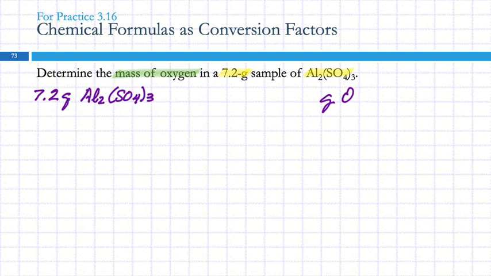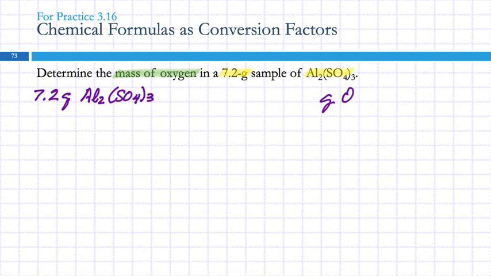The chemical formula gives me the relationship between moles of oxygen and moles of the formula, moles of molecules. We could use the formula and calculate the mass percent and do it that way, but it's not going to be any faster.